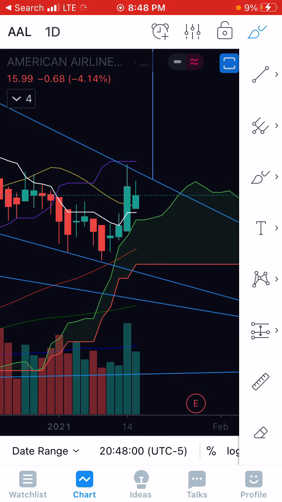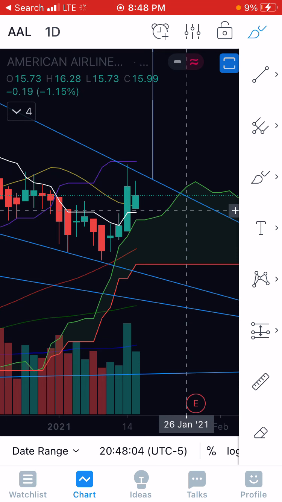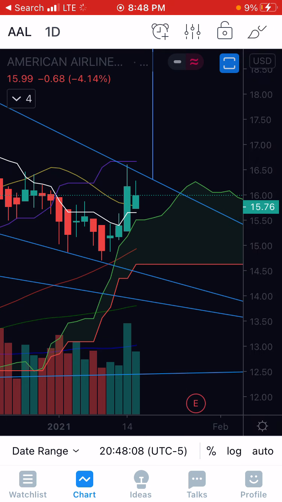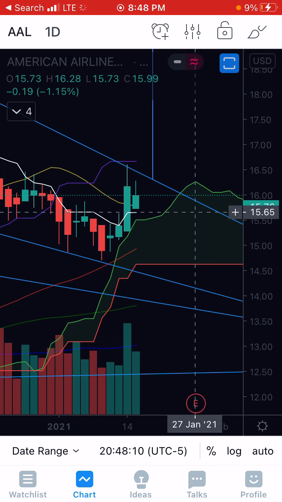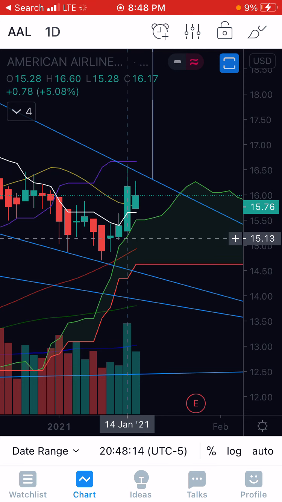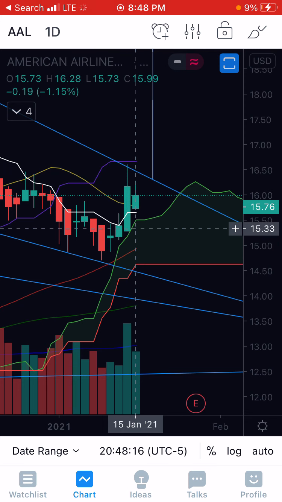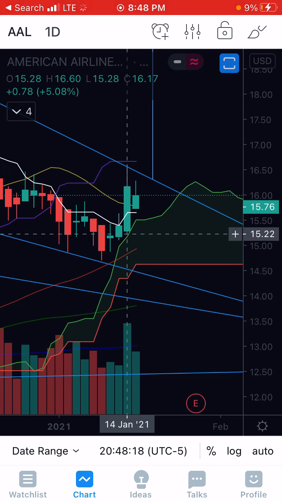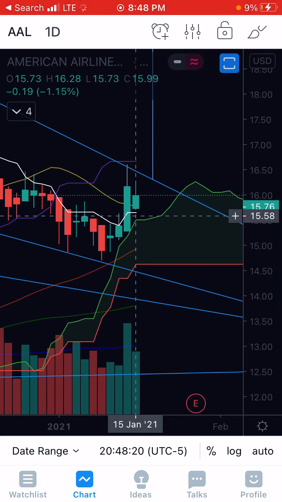Right now, obviously, it seems like price action is actually following that white line there, which is around 1565. But then you also have major support on this cloud here. Every time it's come down and tested it, it's gotten a bounce.